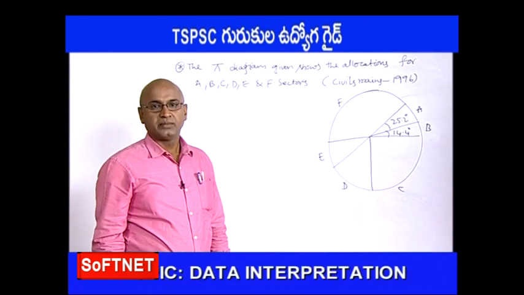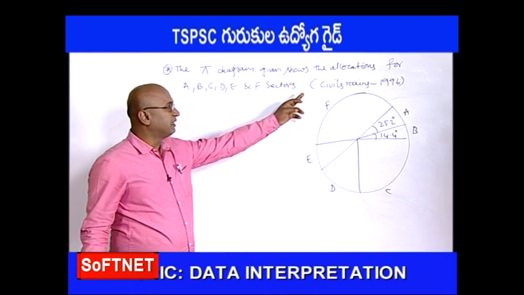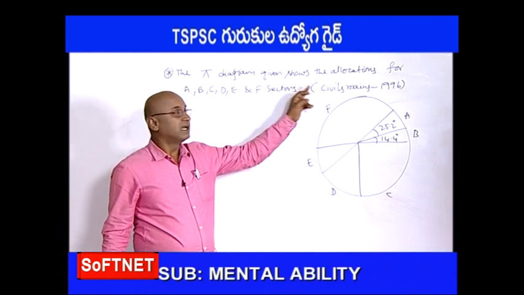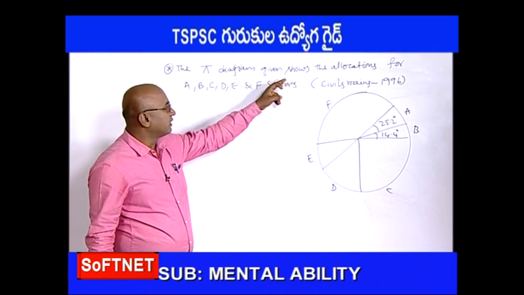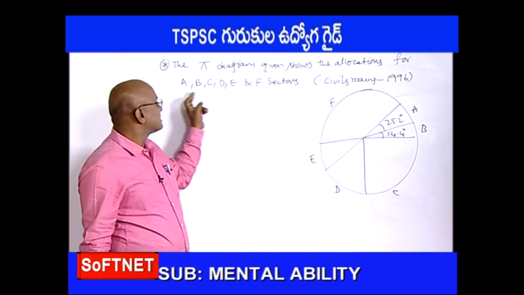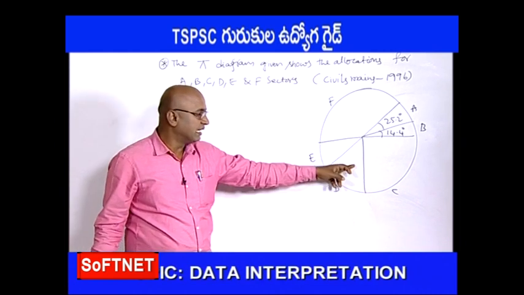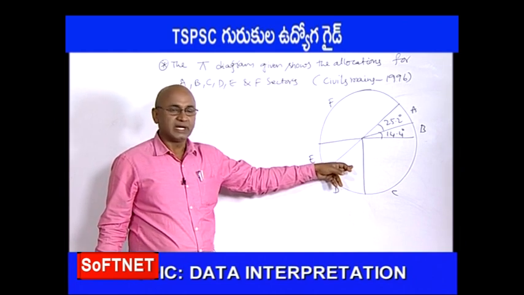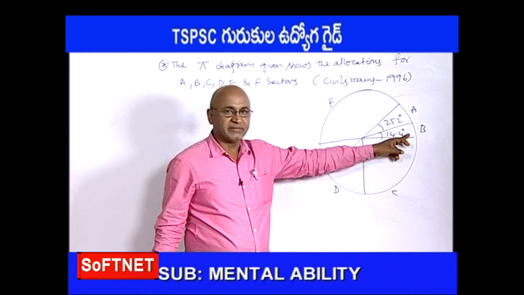Next problem in the pie diagrams is as follows. It is the problem given in the Civils Mains 1996. The problem is like this. The pie diagram given shows the allocations for A, B, C, D, E and F sectors. This circle has been divided into various sectors from A to F, and only the angles of A sector and B sector are given.